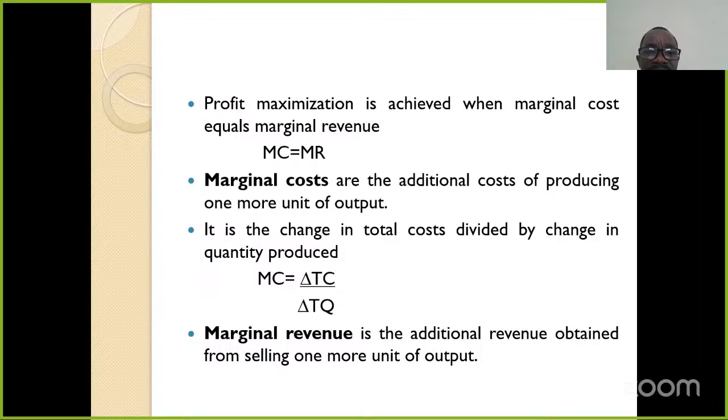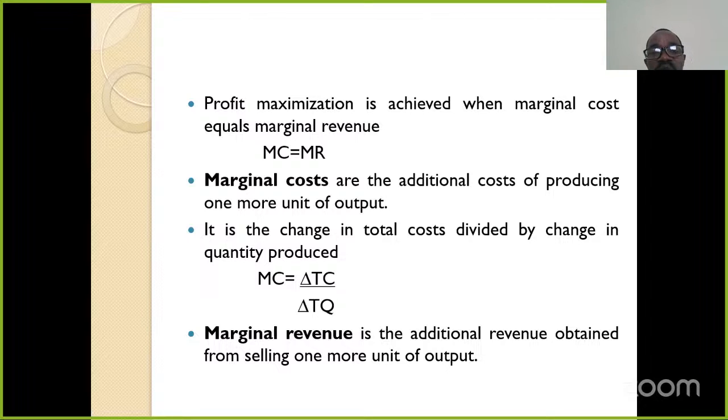So profit maximization is achieved when marginal cost, which we have said is the change in the total cost divided by the change in total products or total quantity, equals marginal revenue, and this marginal revenue is the change in the total revenue divided by the change in total quantity.